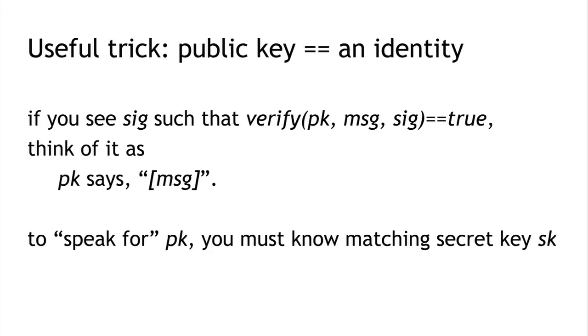And if you think about it then, for someone to speak for PK, that is, for someone to be able to make statements that will be seen as coming out of PK's mouth, you have to know the matching secret key, SK. If you know the secret key that corresponds to the public key PK, then you can sign messages with that secret key, and what you're doing essentially is making statements on behalf of that public key.